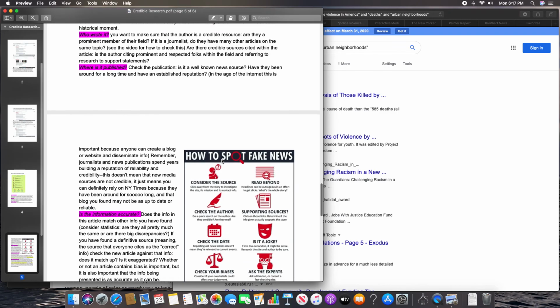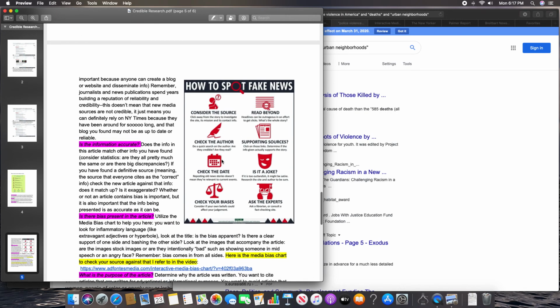Okay, it's really important in the age of the internet to check this stuff, because you could have something like the New York Times that's been around for decades, that has spent years building up a positive reputation, versus like this blog that just came out, or maybe this other news site. Like we're going to look at the Palmer Report, which just sort of came about in the digital age, doesn't have much credibility, right?